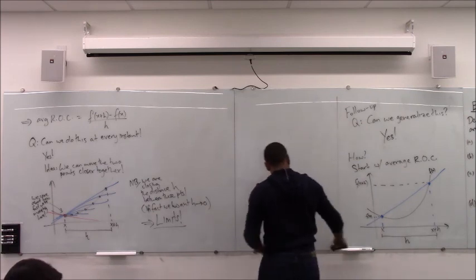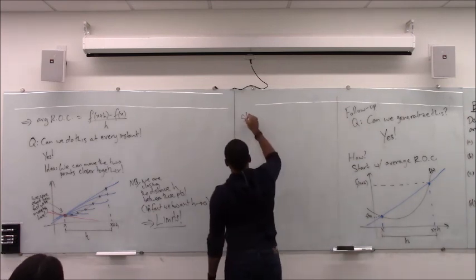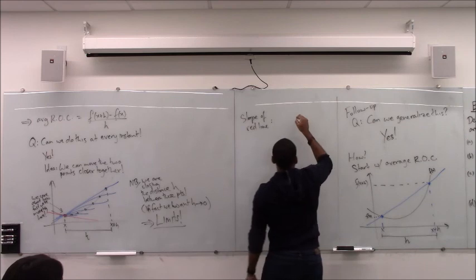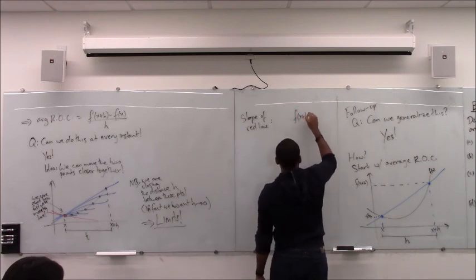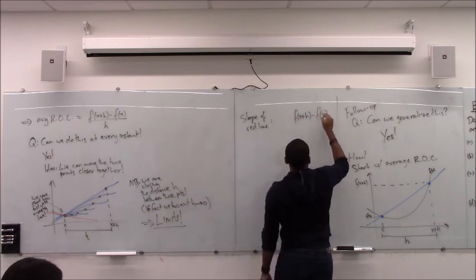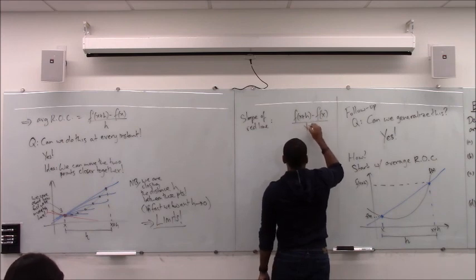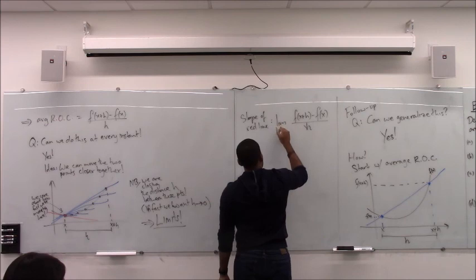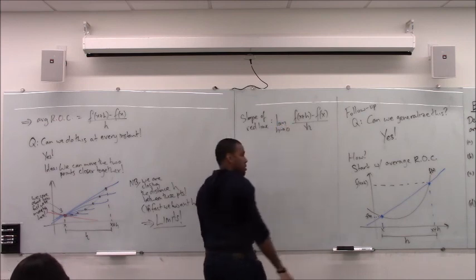And so now, the slope of the red line, we can actually compute it by starting out looking at the slope of the secant line, as it's called, and then just letting the distance get closer to 0.